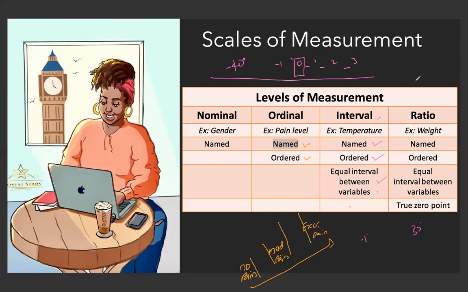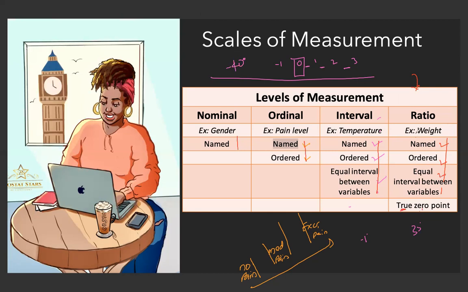But then the next level of measurement, this is the last one, this is the ratio, okay? I hope you can see what is happening. There are things being added that the other levels don't have. So the ratio is named, yes, it's ordered, there is equal interval between the variables, and this one has a true 0 point, right?